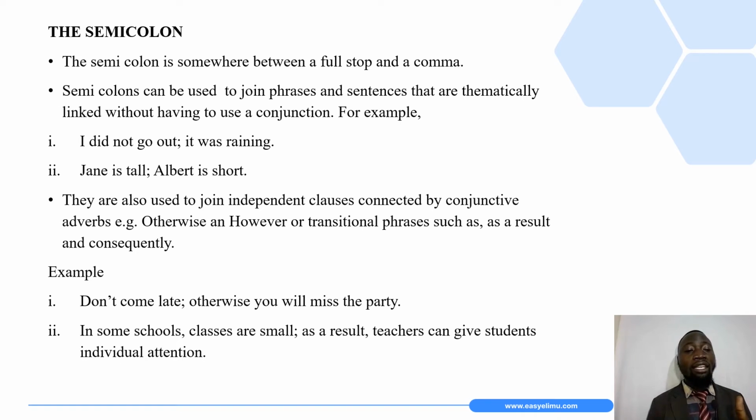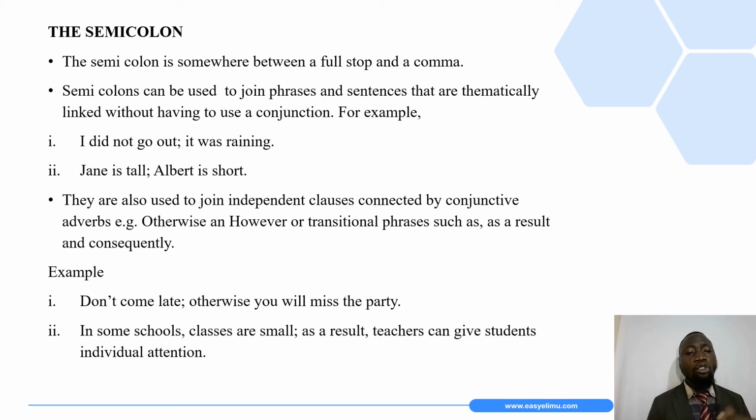If we were to use a conjunction, we can use but: Jen is tall, but Albert is short. We cannot use both in a sentence. If you use a conjunction, you don't have to use a semicolon, but if you use a semicolon, then you don't have to use a conjunction.